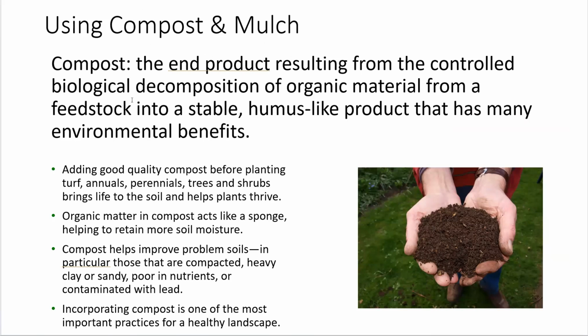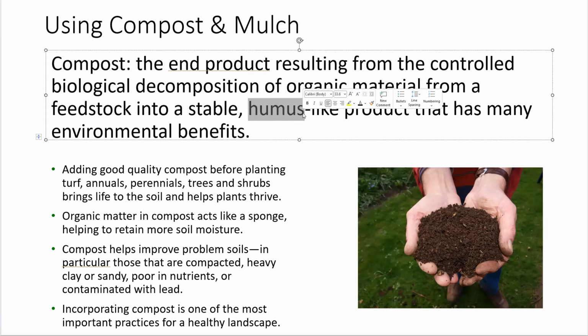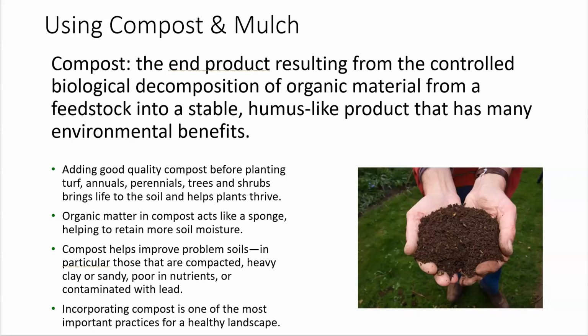Key things here: controlled biological decomposition, humus. What is humus? So humus is a dark organic material that forms in soil when plant and animal matter decays.